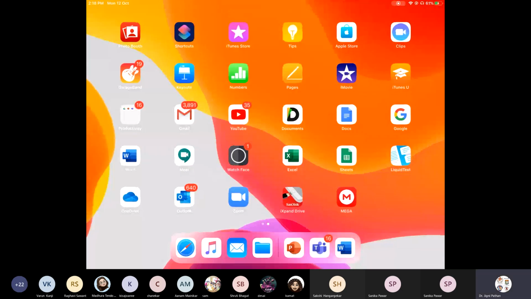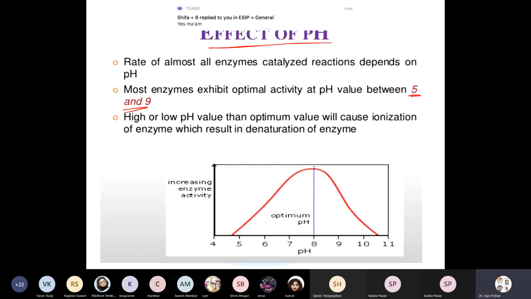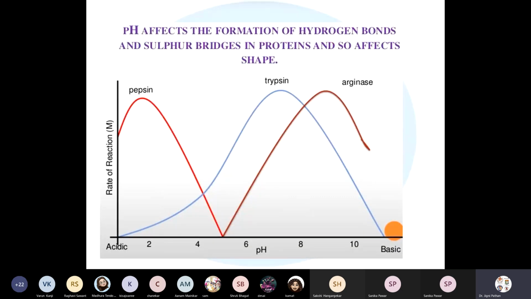Okay, next. So this is the effect of optimum pH. If you see here, you can see the slide. pH affects the formation of hydrogen bonds and sulfur bridges in protein and so affects the shape. So you have pepsin. Pepsin is active in acid. Trypsin is active around 6 to 8, and there is arginase.